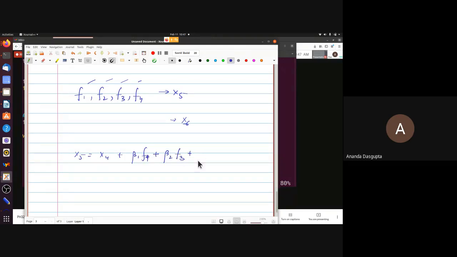Beta 2, f3. This is my xn, this is my xn minus 1. And what I want is beta 1 times f at xn minus 1, tn minus 1, plus beta 2 times f at xn minus 2, tn minus 2, and so on. So this is the last one that I have. This is the previous one, this is the previous one, this is the previous one. When I calculate x6, which f's will I use?